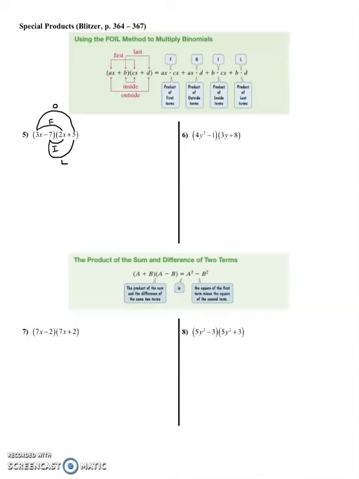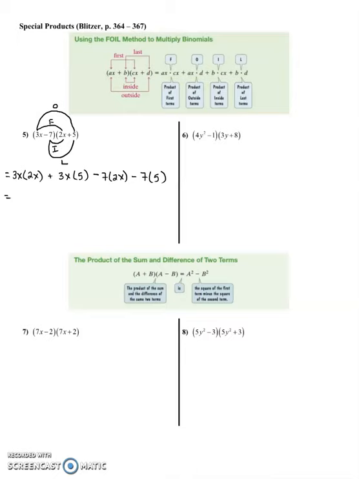And the inner and the last multiplies the -7 by everything in the second set of parentheses. So when we do that, we have 3x times 2x plus 3x times 5 minus 7 times a 2x minus 7 times a positive 5.